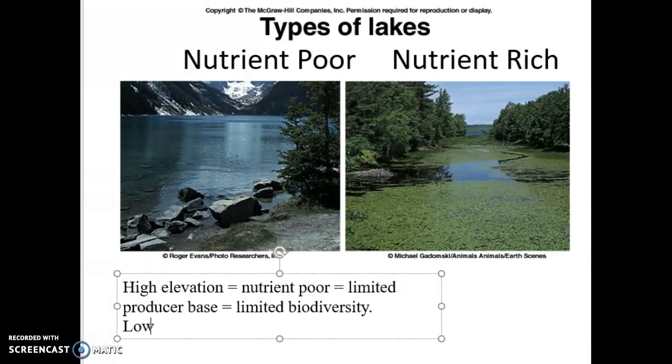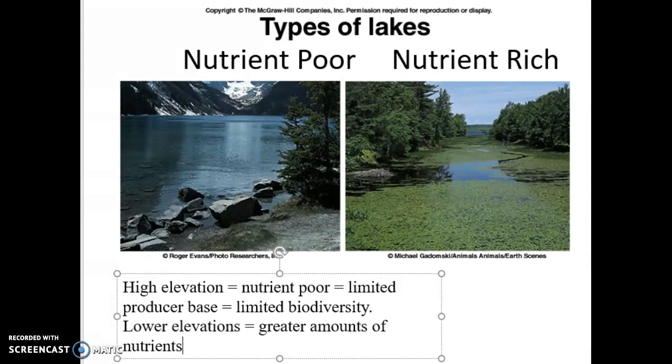But it doesn't have a big producer base, so you don't have a lot of biodiversity there. Lower elevations equal greater amounts of nutrients, which equals a higher producer base, which equals greater biodiversity.